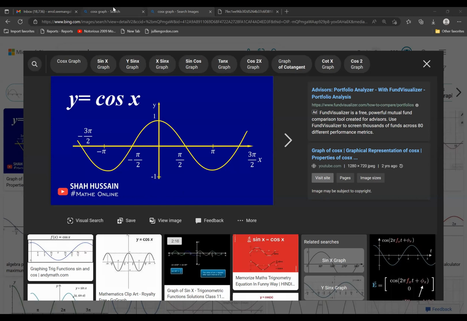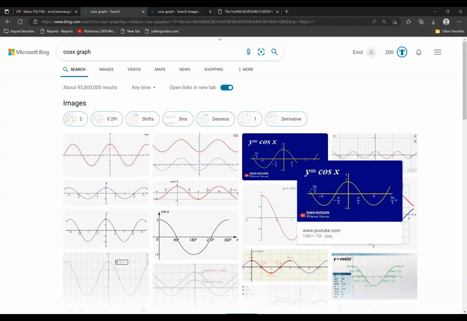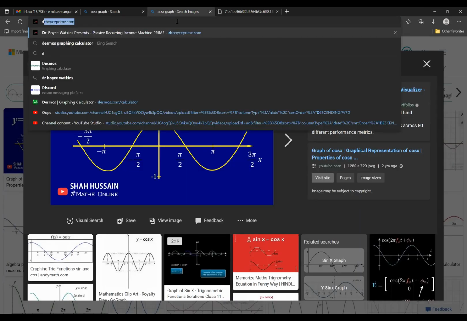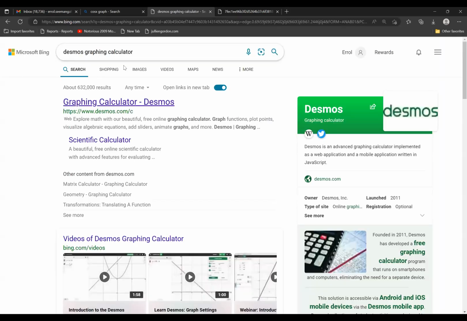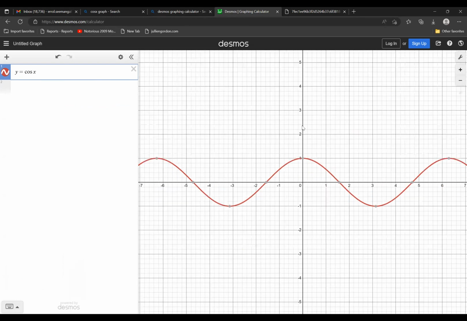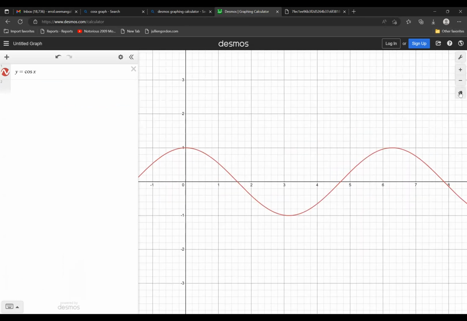Yeah. All right. Or we can just go to Desmos. Let me go to Desmos graphing calculator. Y equals cos x. Okay, see right here? Let me see if I can change this to radians.